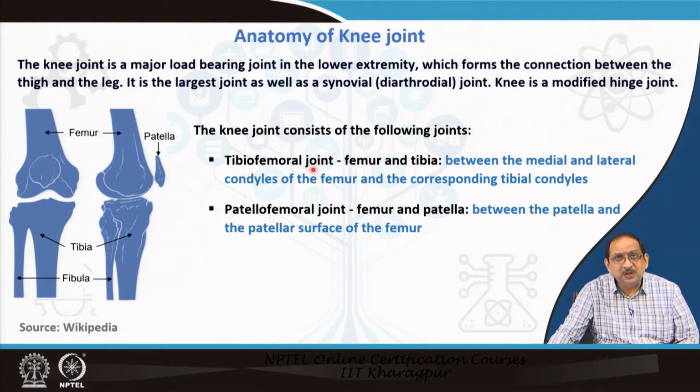the tibiofemoral joint, that is the joint formed between the femur and the tibia, specifically between the medial and lateral condyles of the femur and the corresponding tibial condyles. The other joint is the patellofemoral joint, which is formed by the connection of the femur and the patella.